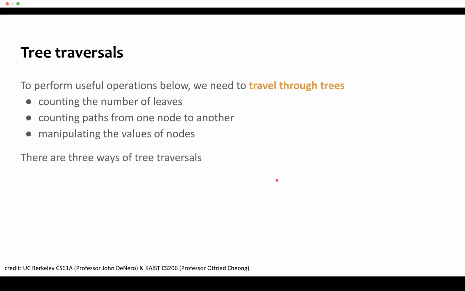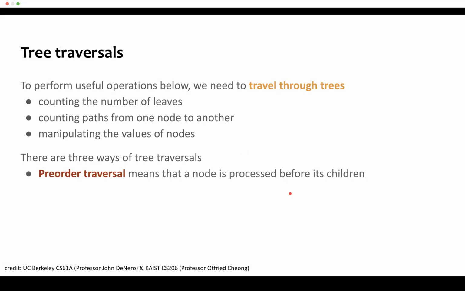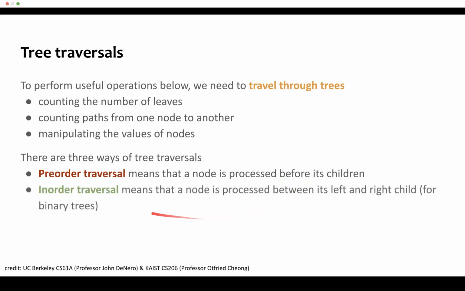And there are three ways of tree traversals. The first one is called pre-order traversal, and this means that a node is processed before its children. In-order traversal means that a node is processed between its left and right children for binary trees.